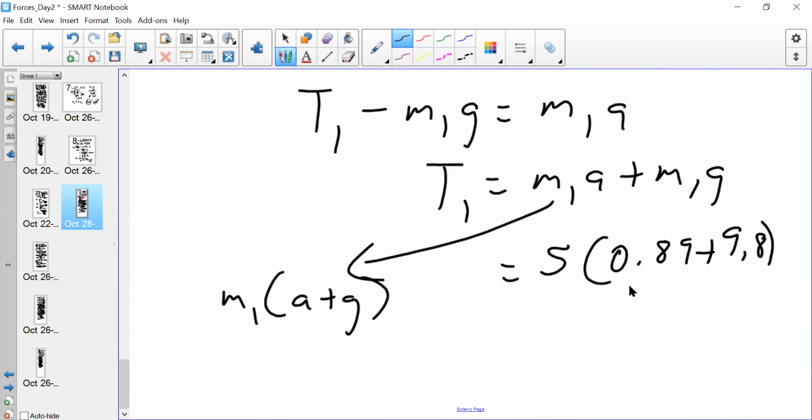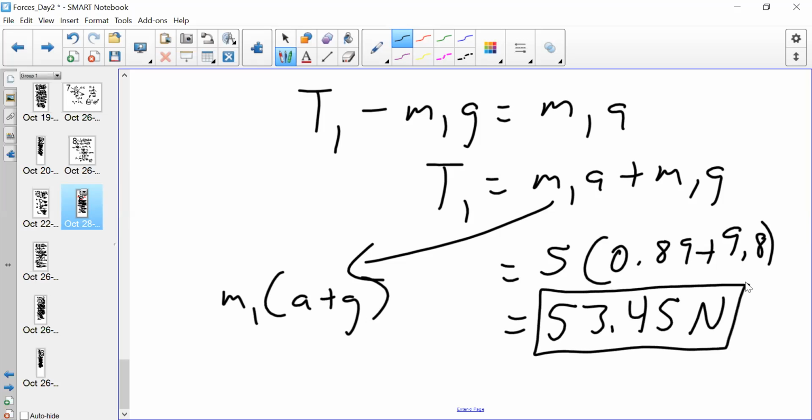All right. So then I just add that and multiply by 5. So that's 53.45 newtons. I think the actual problem had 3 kilograms as opposed to 2, but that's all right. This is an example.